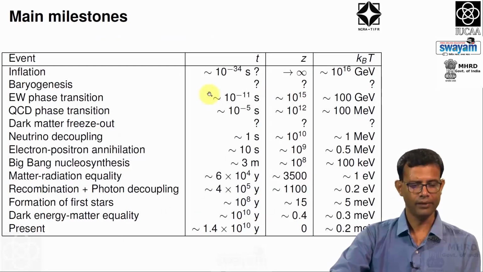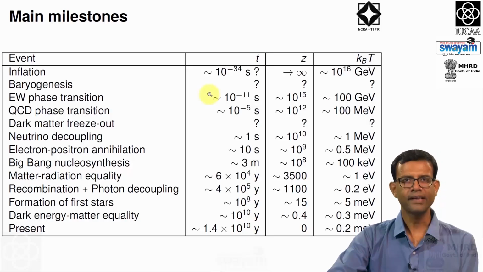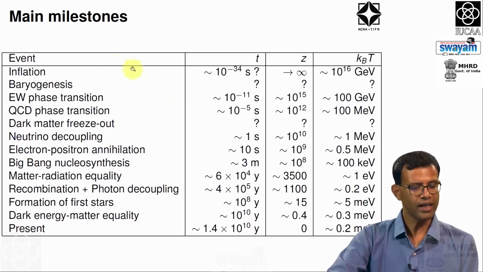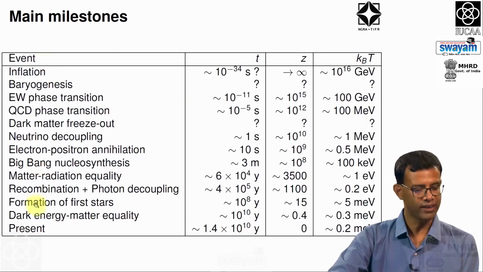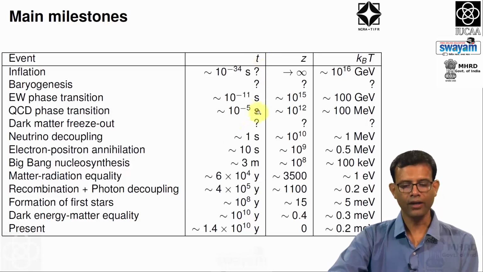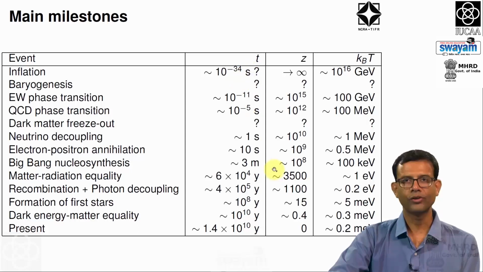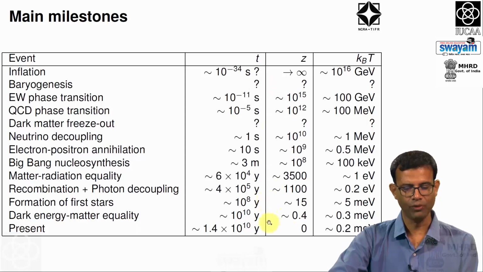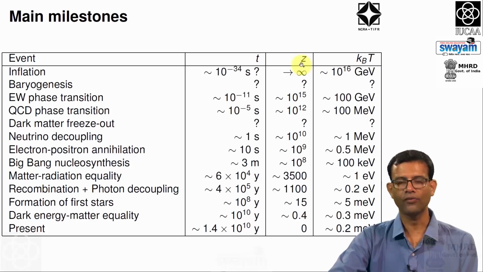So, keeping this in mind, let us try to list some of the major milestones in our universe. What I have done here is listed the events, the time at which we believe they have occurred, time starting from the Big Bang, at least to the order of magnitude you can take these times to be what they are, the corresponding redshifts, which you can of course convert to the scale factor or the size of the universe, and the corresponding temperatures in units of electron volts.